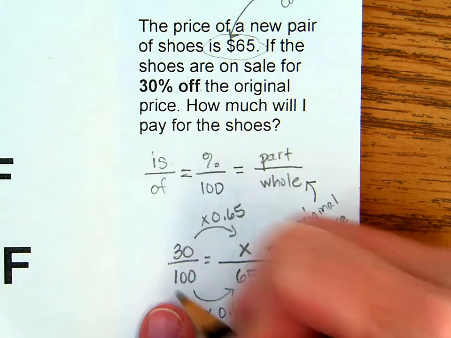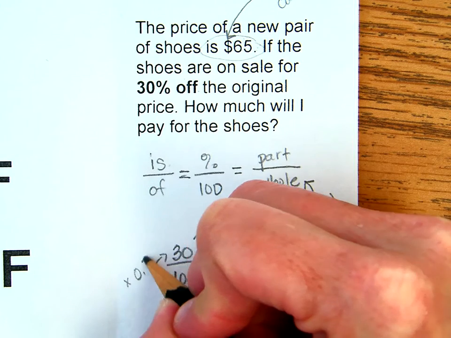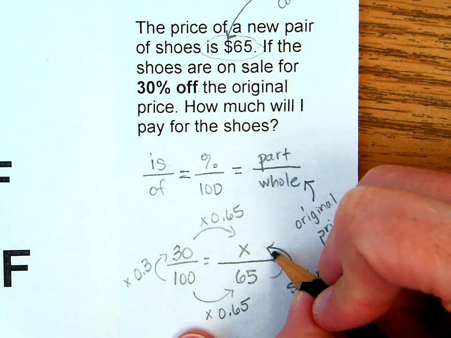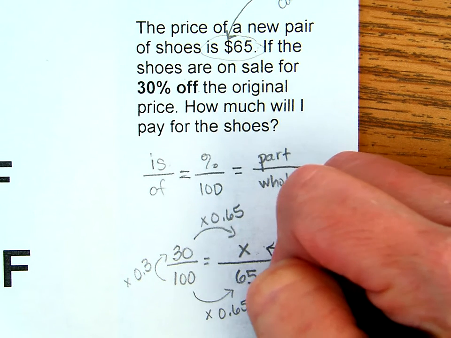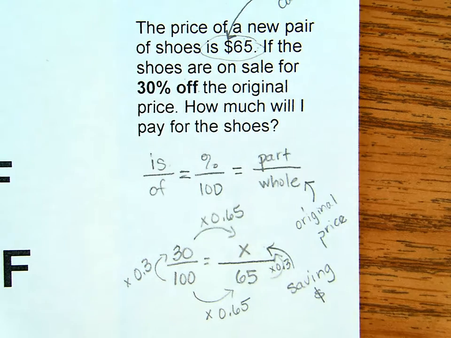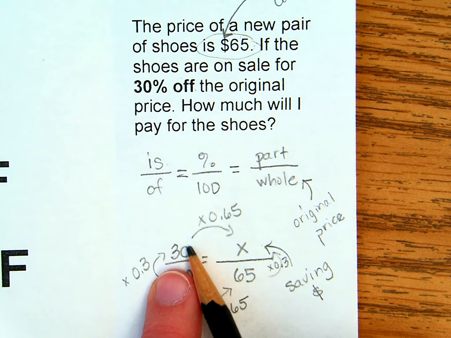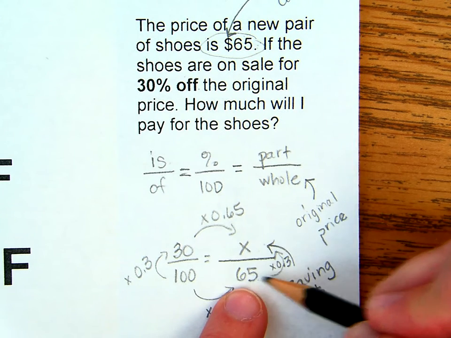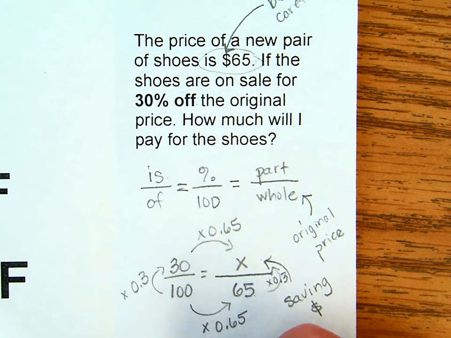The other way is going from 100 to 30, I can multiply by 3/10. Here, going from 65 to x, you can multiply by the same thing. So to get my final answer, I can multiply 30 by 65 hundredths, or I can multiply 65 by 3/10. Either way, when you use a calculator, it comes out to 19.5.